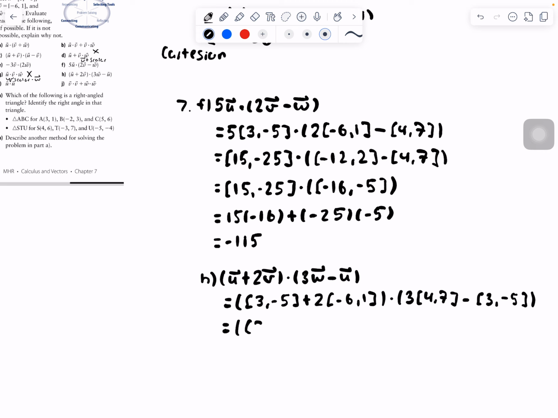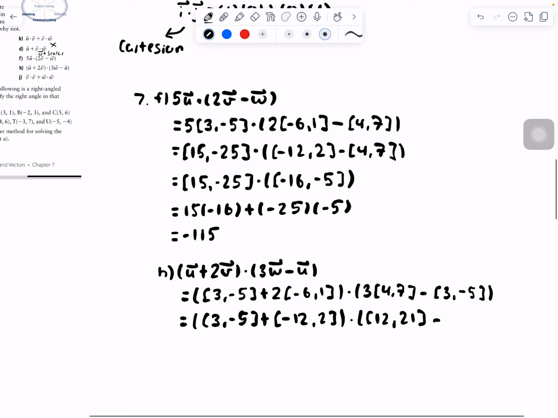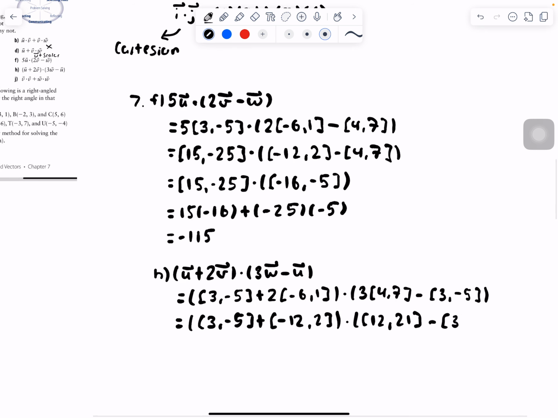So we get 3, negative 5 plus negative 12, 2. That's just doing the scalar multiplication, dot 12, 21 minus 3, negative 5.